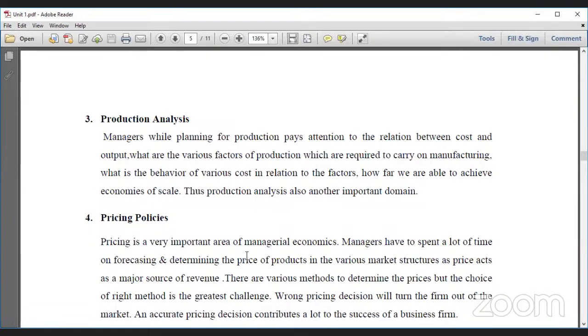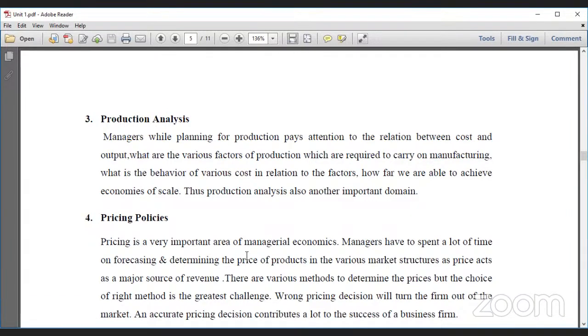So better analysis of cost and the economies of scale, it may be internal economies or external economies, internal diseconomies or external diseconomies. A managerial economist should analyze these concepts or factors while making production decisions.